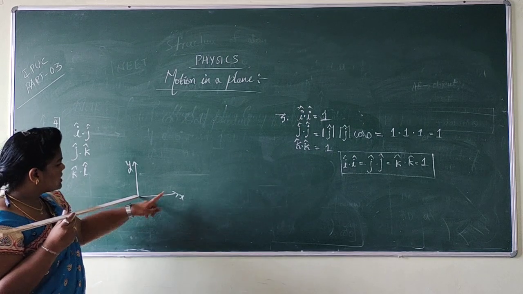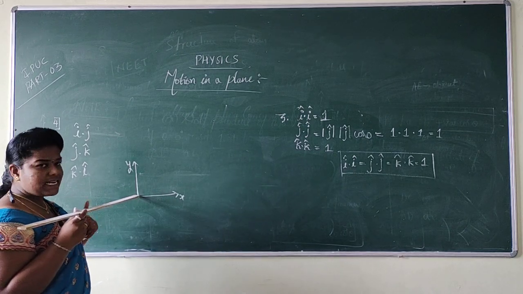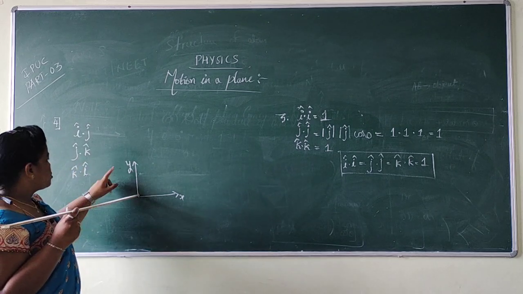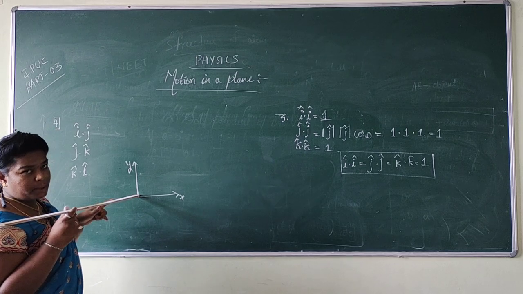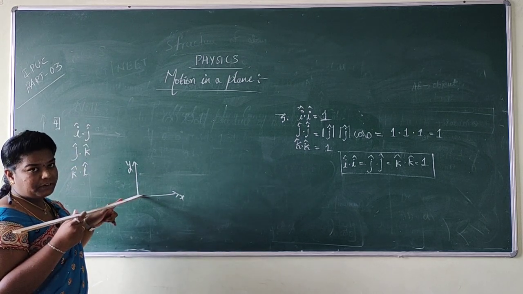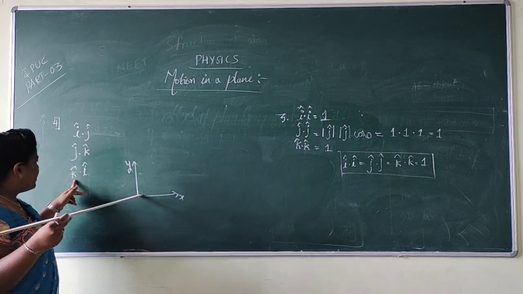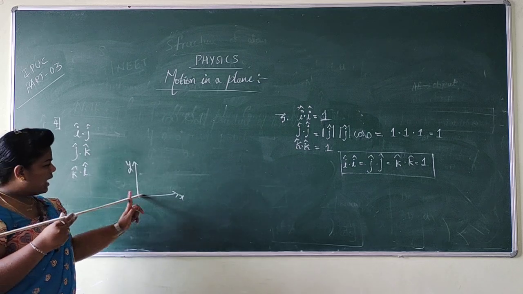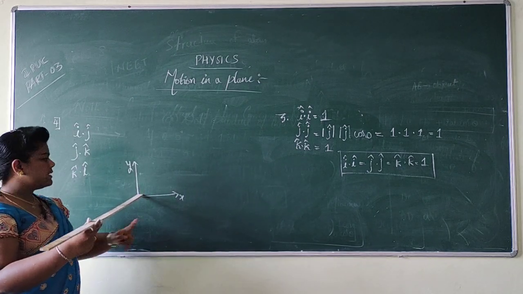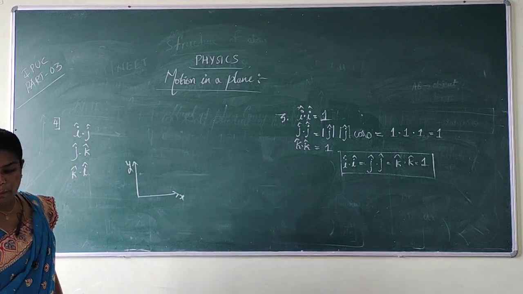It means this is x, this is y, and this is z. So along z axis we have k vector. So y and z are always perpendicular to each other, so j and k are perpendicular. The angle between j and k is 90 degree. Similarly, k dot i, the x and z axes are perpendicular to each other. The angle between k and i is 90 degree. Hope you got.